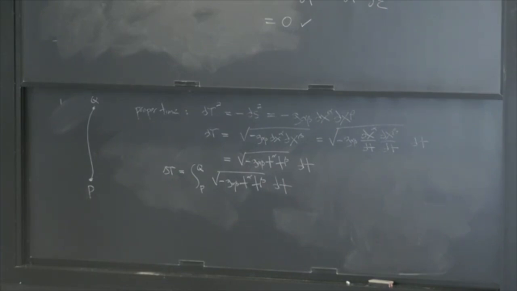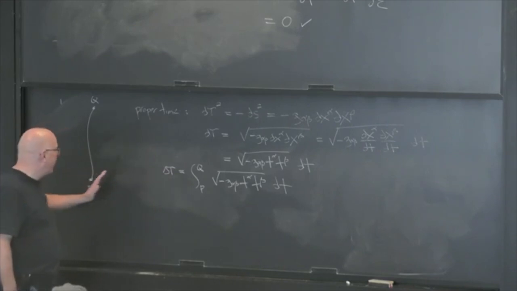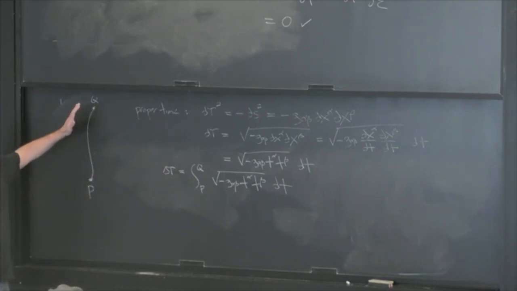And that is almost what I want to pick as my action functional. The other thing that I'm going to do is to introduce an overall minus sign for reasons that maybe you'll appreciate a little bit later. The way I'm going to motivate it now is to say that we're looking at an extremum, but we're really thinking of this as being a maximum.